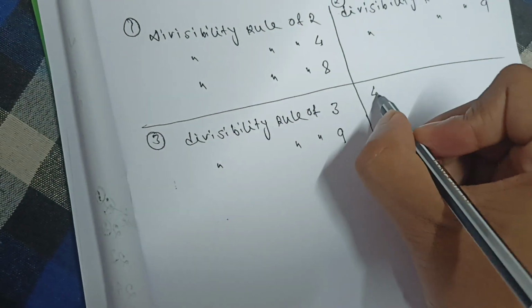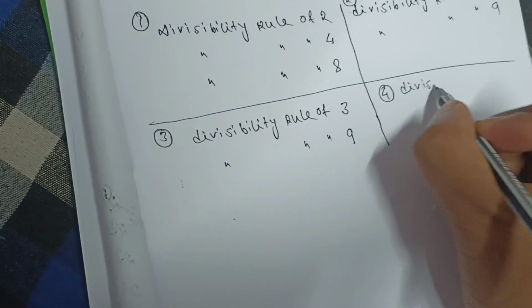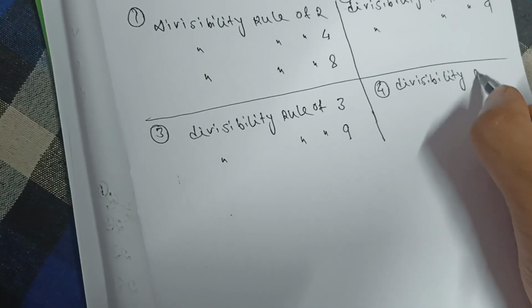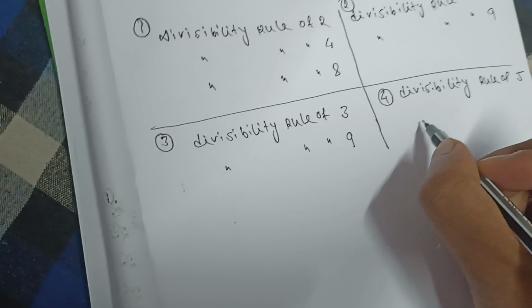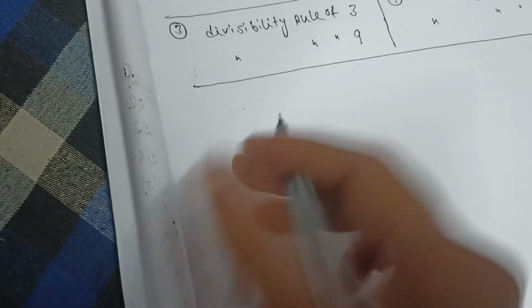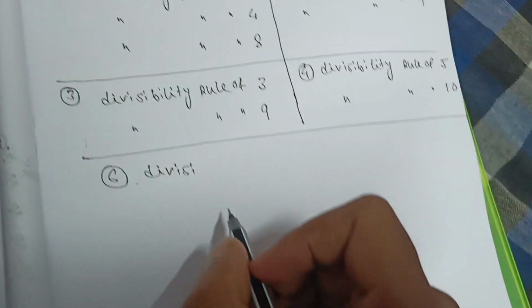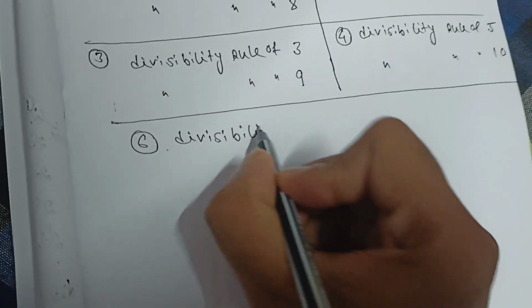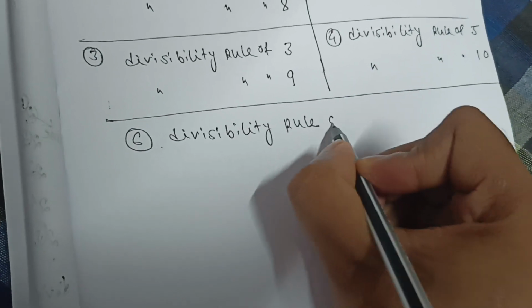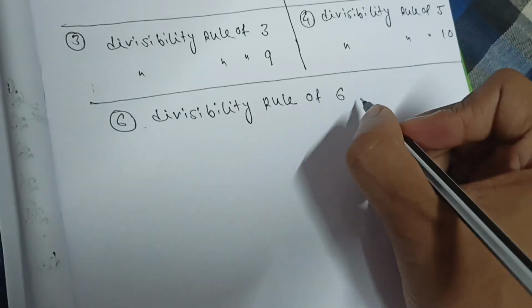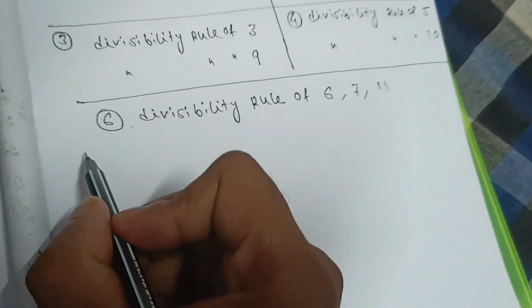In the fourth group we will learn divisibility rule of 5 and divisibility rule of 10, and the last group will be our sixth group. And the remaining are 6, 7, 11. So today we will learn these divisibility rules.